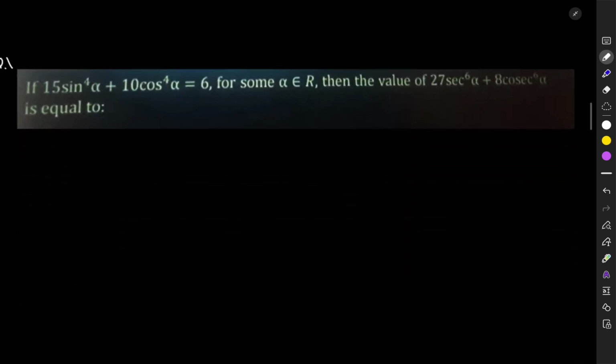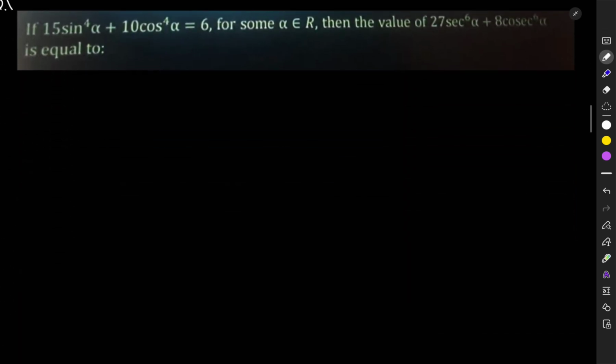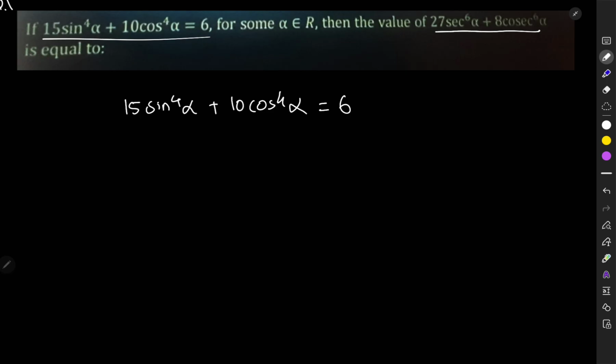Now let's solve another question which is also based on these formulas. The question is: 15 sine to the power 4 alpha plus 10 cos to the power 4 alpha is equal to 6. Then they are asking for the value of this.